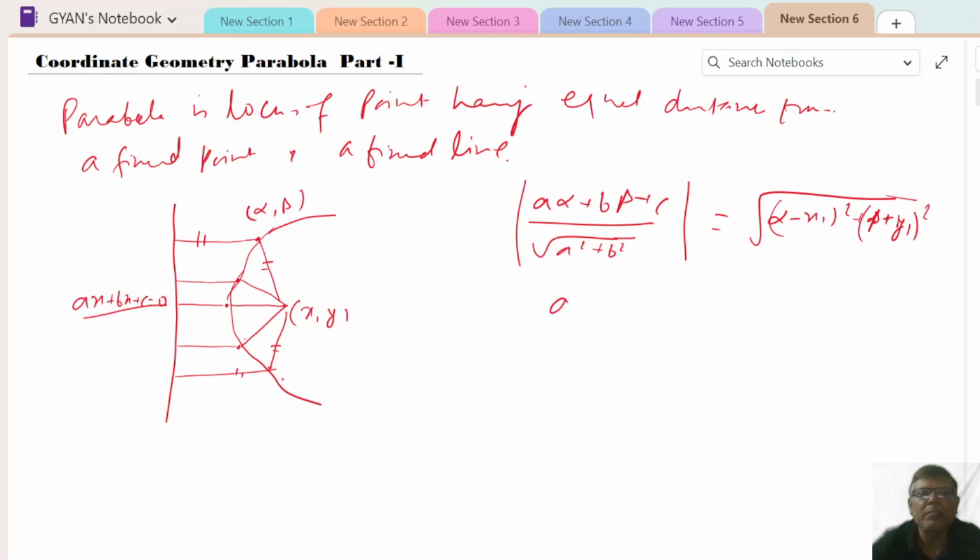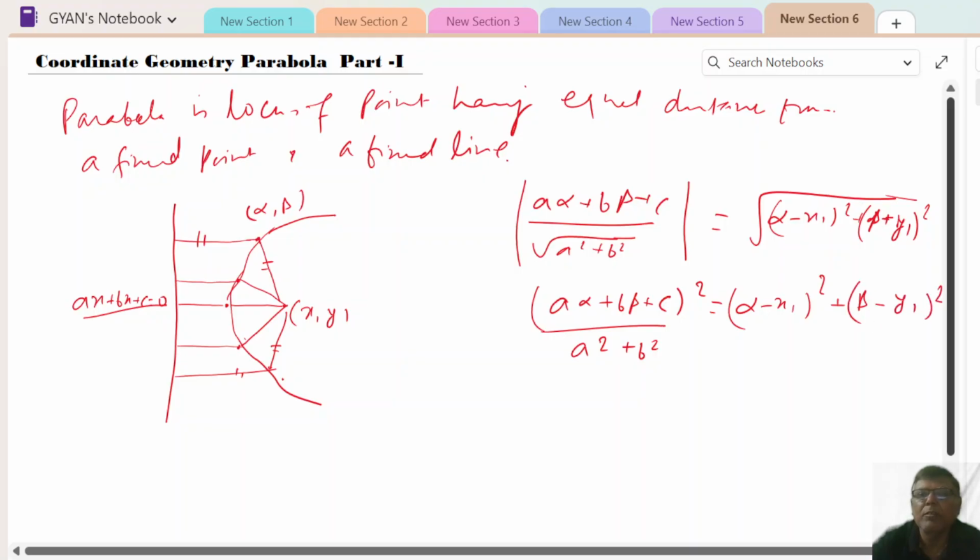Square both sides: (a alpha plus b beta plus c) squared by (a square plus b square) is equal to (alpha minus x1) the whole square plus (beta minus y1) the whole square.